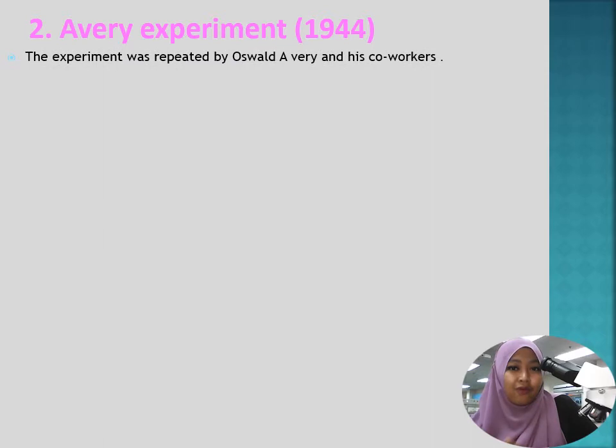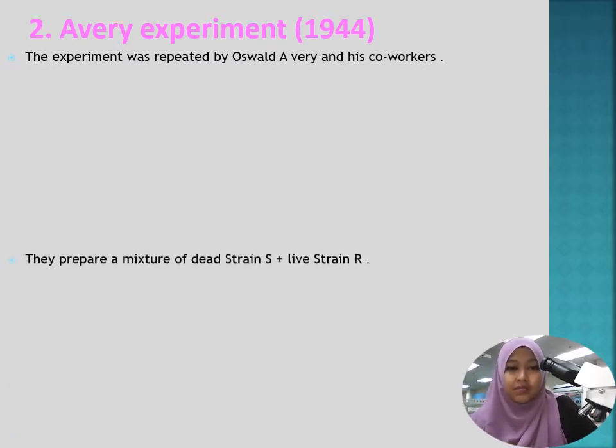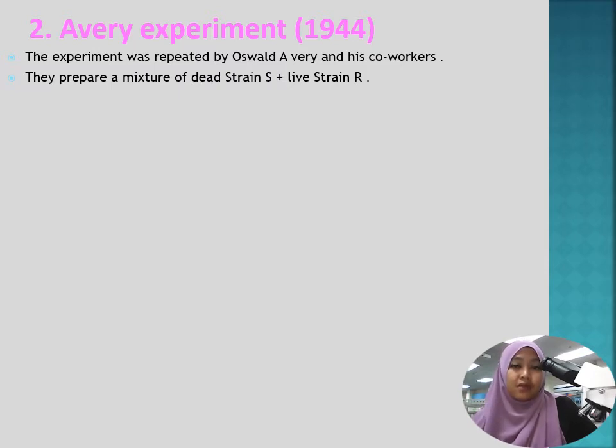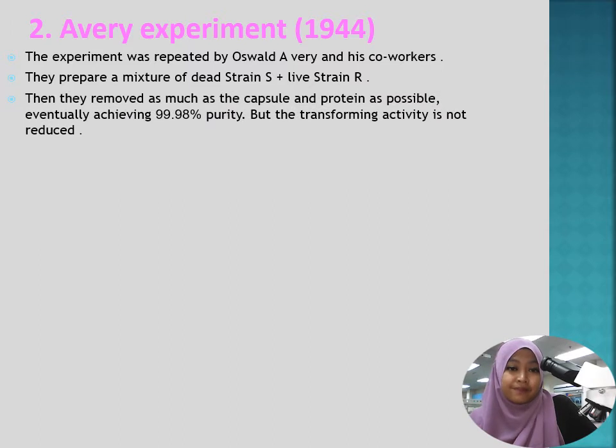In 1944, Avery and his team found that the transforming principle they had been looking for is actually DNA. They took a mixture of dead strain S and live strain R, and removed as much as possible of the capsule and the protein, achieving 99% purity.